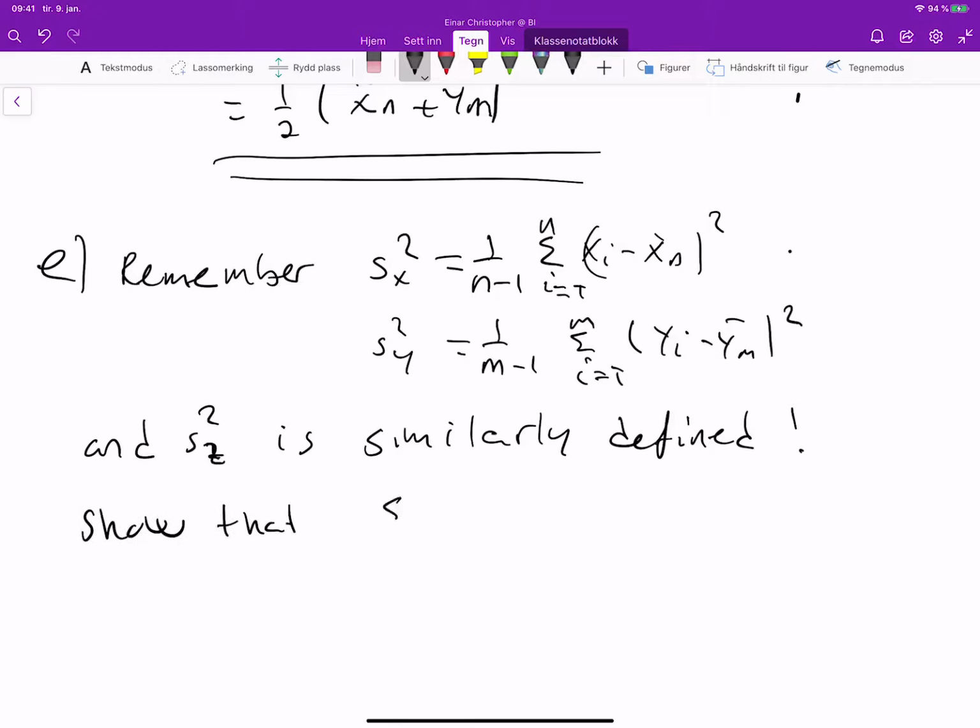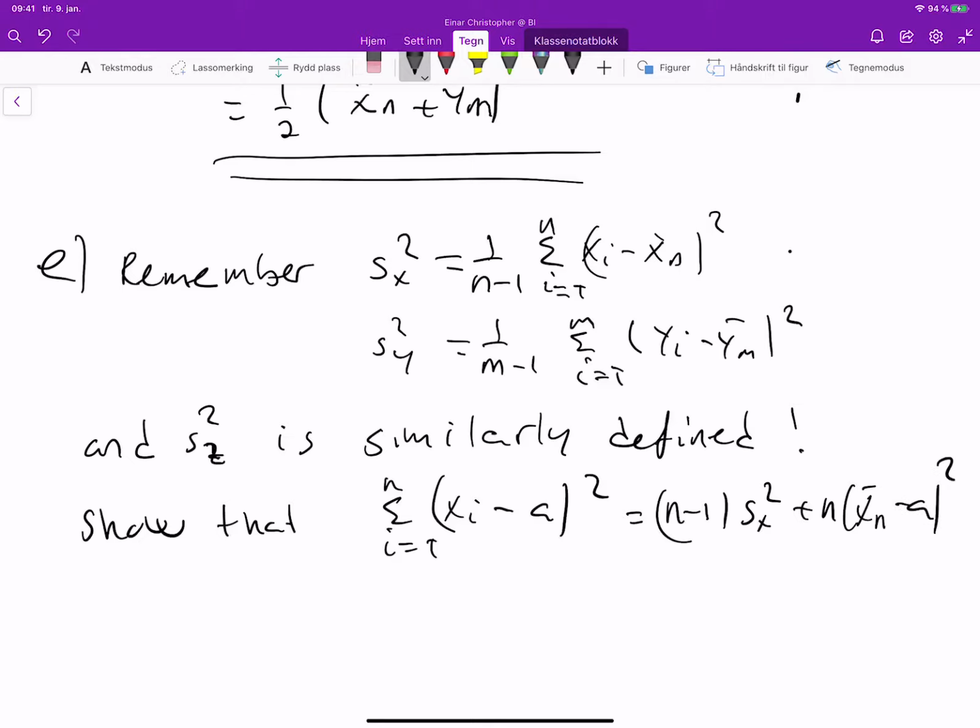So show that the sum of xi minus x bar n... No, sorry. Show that the sum of (xi minus a) to the power of 2 is equal to (n minus 1) times sx to the power of 2 plus n times (x bar n minus a) to the power of 2.